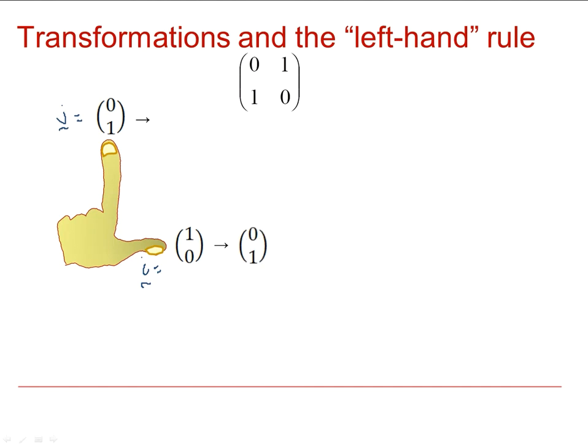So (1, 0) goes to (0, 1), and (0, 1) goes to (1, 0). So these are the images of i and j that we might refer to then as i dashed and j dashed.